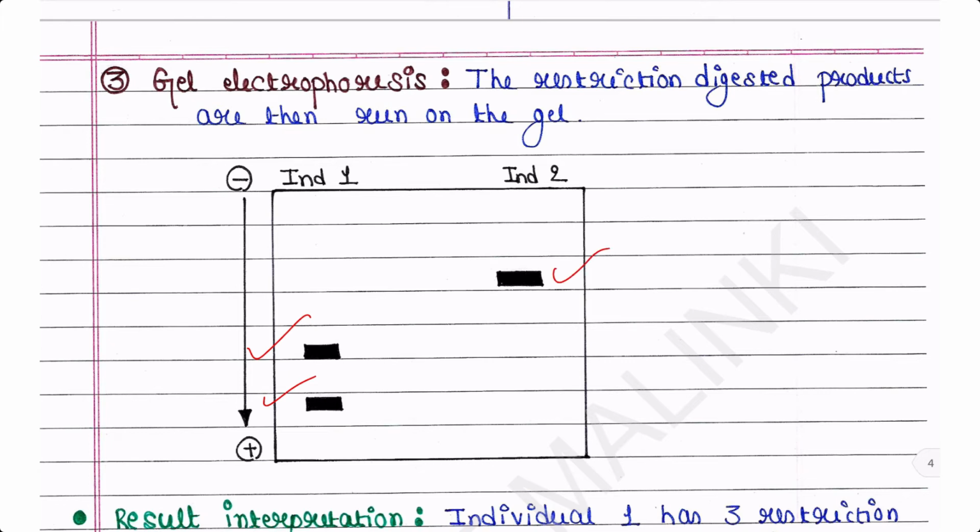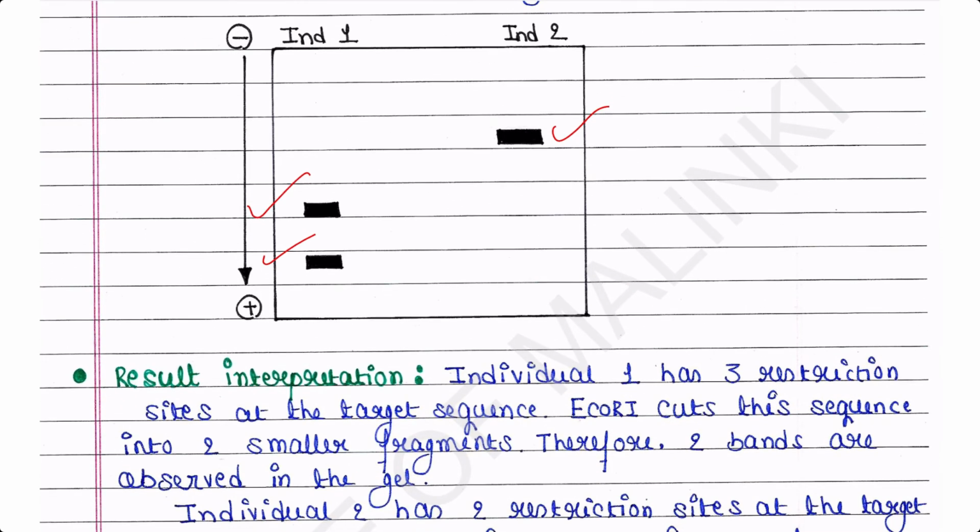Now the result interpretation is a very important step. So individual 1 has 3 restriction sites at the target sequence. EcoR1 cuts this sequence into 2 smaller fragments. Therefore, 2 bands are observed in this gel, 1 and 2.